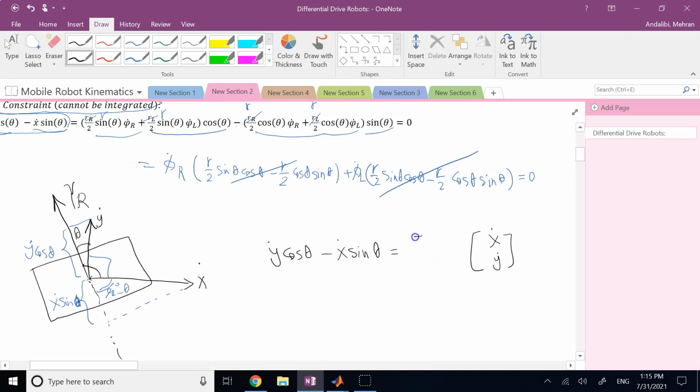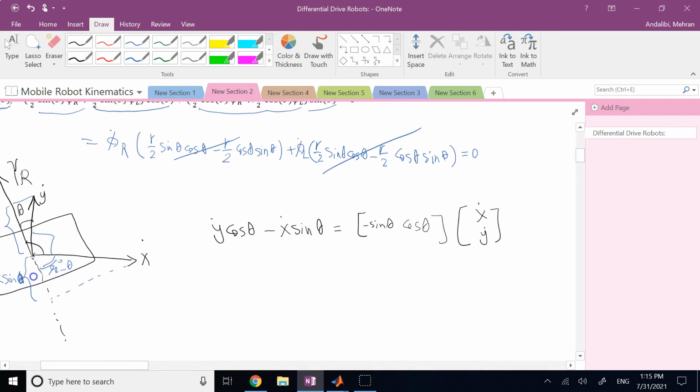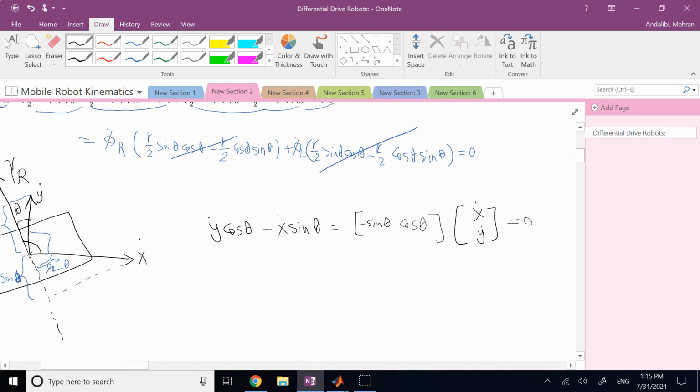So you should write it like this, negative sine theta and then cosine theta. So you can write it like this in general. This is equal to 0. So this relation is between the pose velocities, between the workspace velocities.